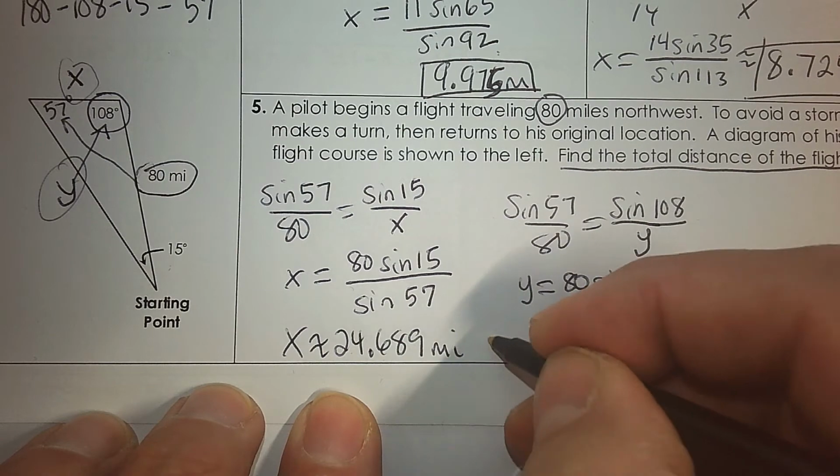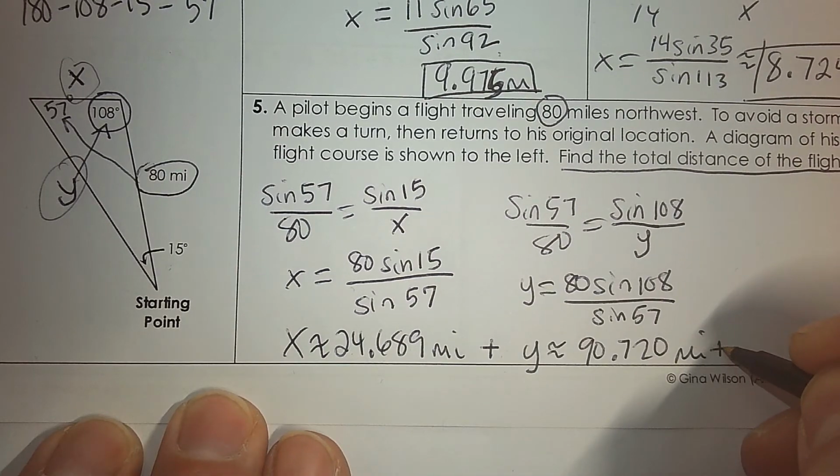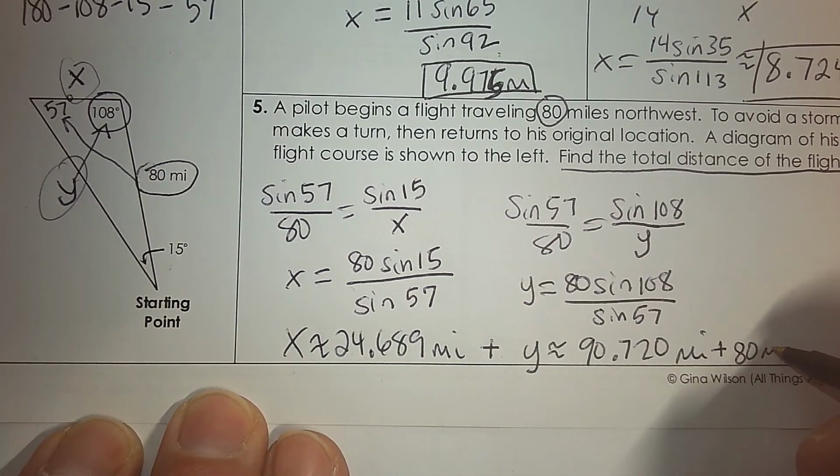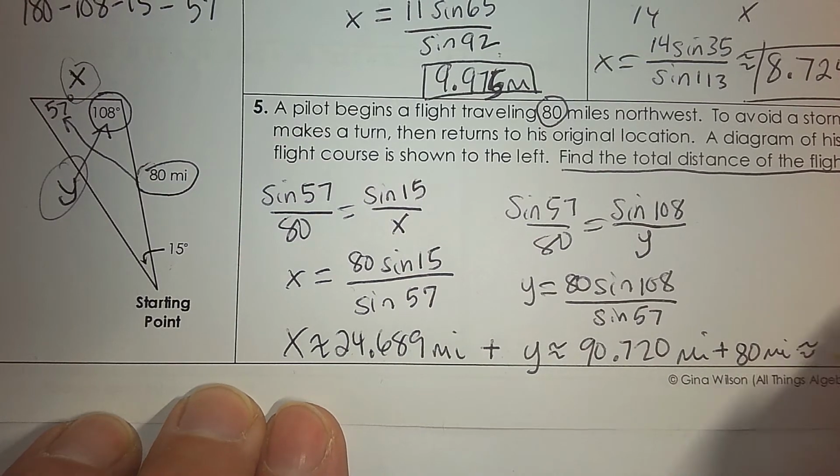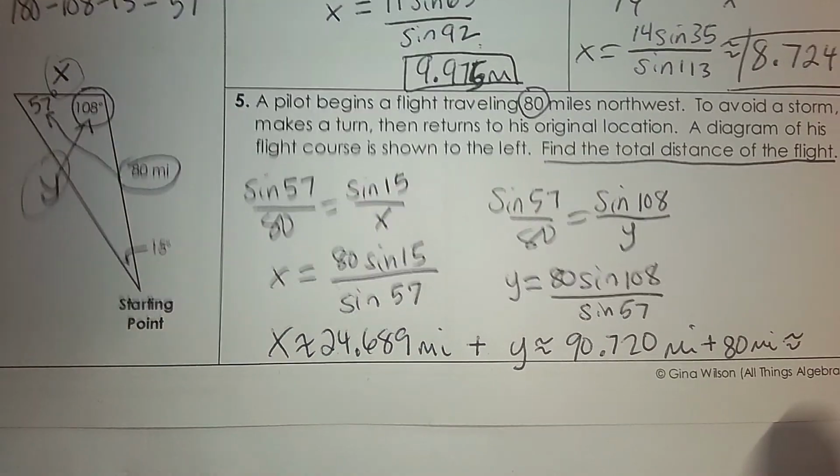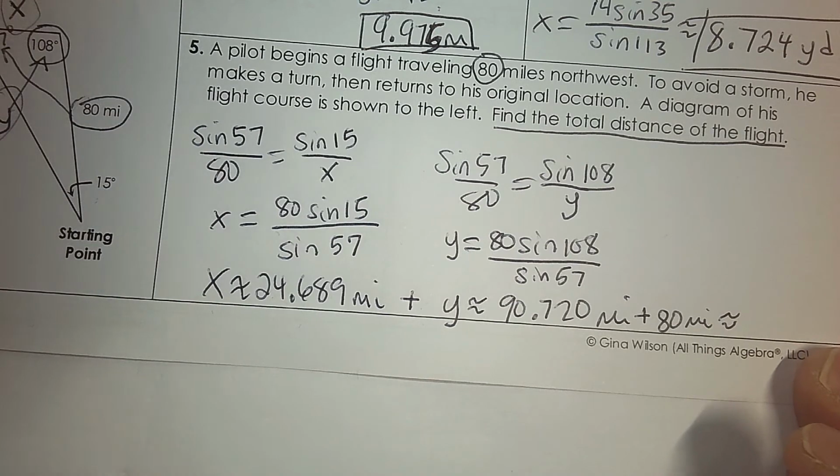And then to that, we're still going to add 80 that's in my triangle already. So when you add all three sides, what's the total length of the trip?